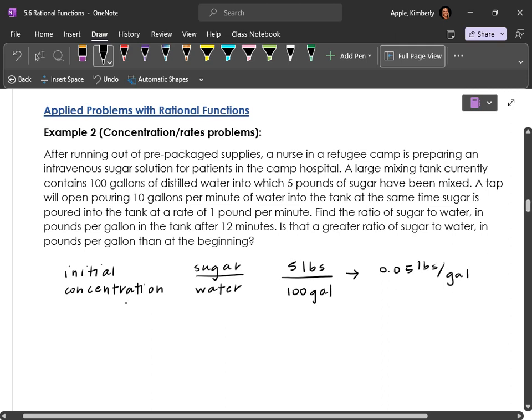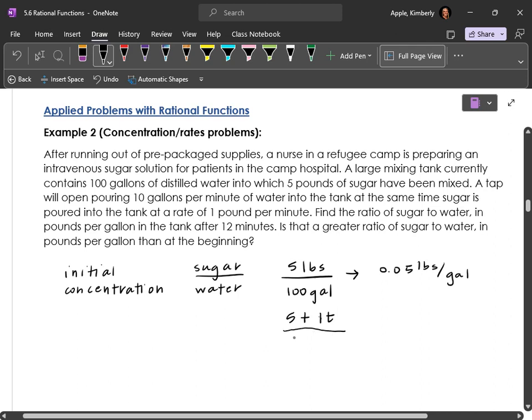And then the next part of what we need to do is write a linear function that relates how the sugar and the water are changing over time. So remember, we write the initial value plus the rate times the time. The sugar is pouring in at a rate of 1 pound per minute. So we start at 5 and it's 1 pound per minute.